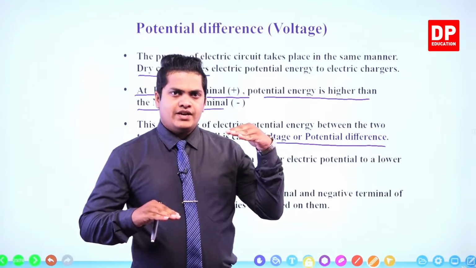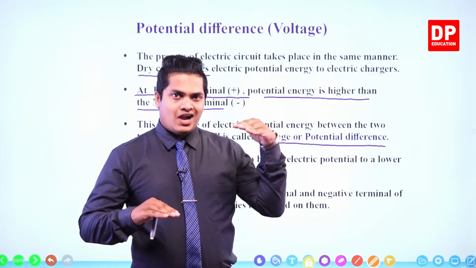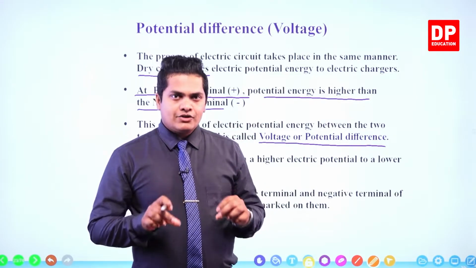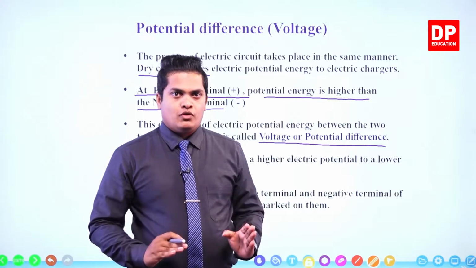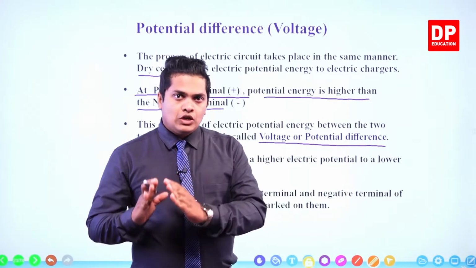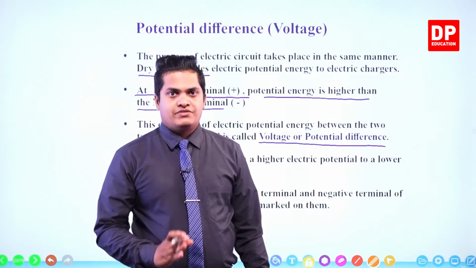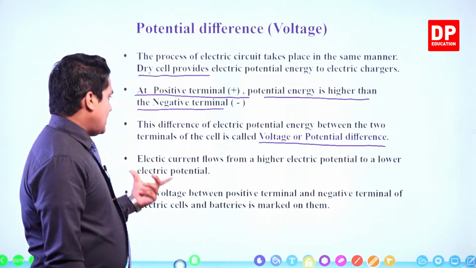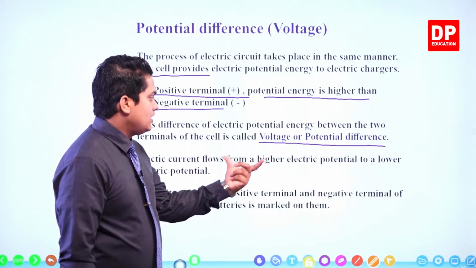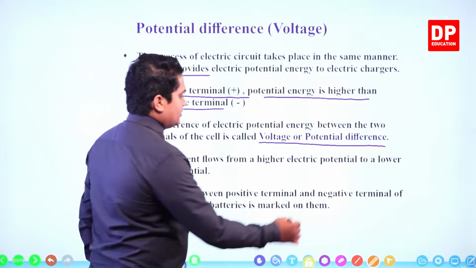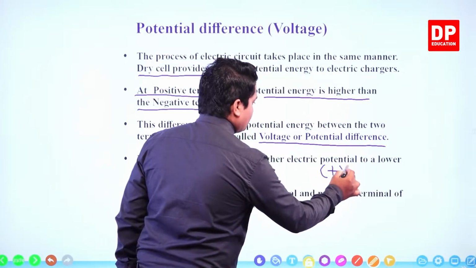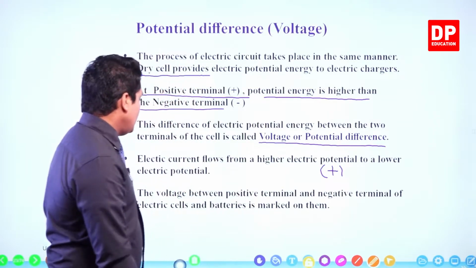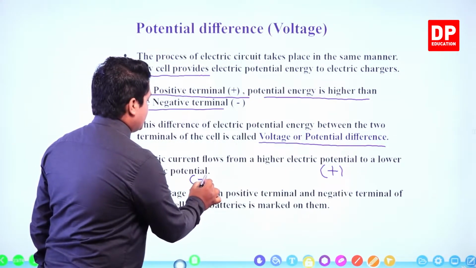In the same way, electrical charges flow from higher potential to lower potential, that is, from the positive terminal to the negative terminal. So electric current flows from higher electric potential, the positive terminal, to a lower electric potential, which is the negative terminal.